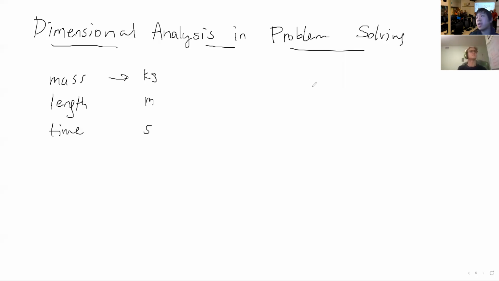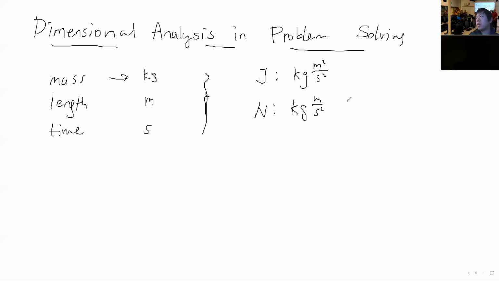Everything else can be derived from these units. For example, the joule is kilograms meters squared over seconds squared. We have newtons, which is kilogram meter per second squared.